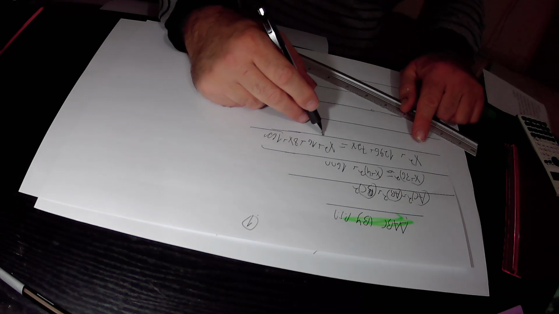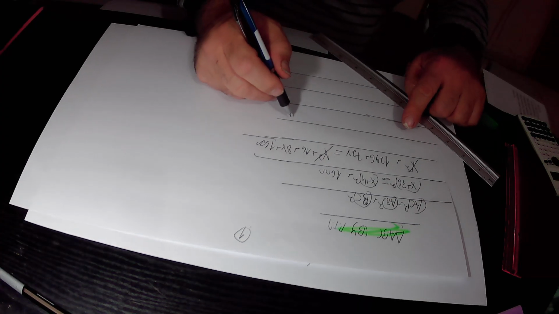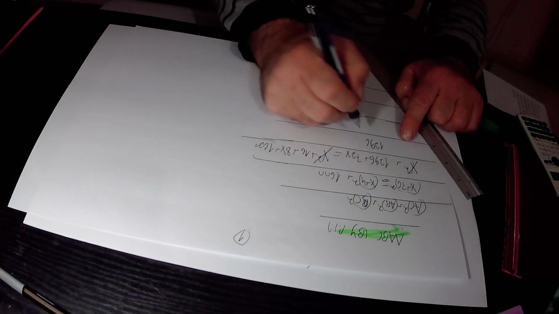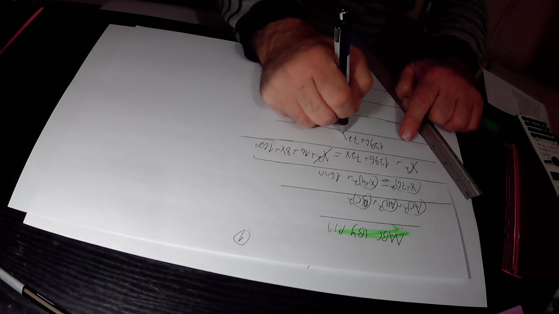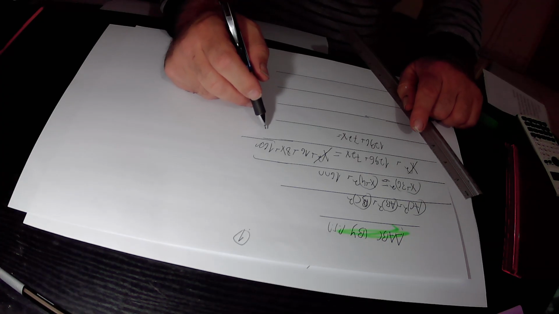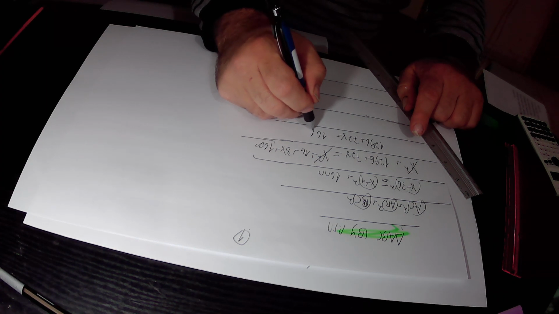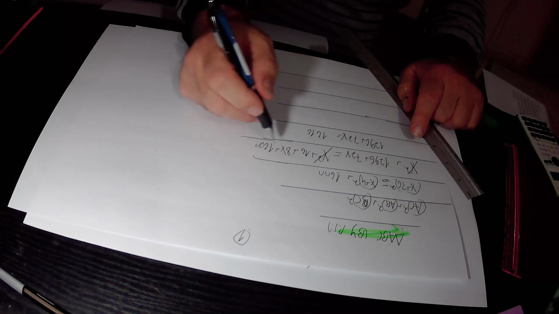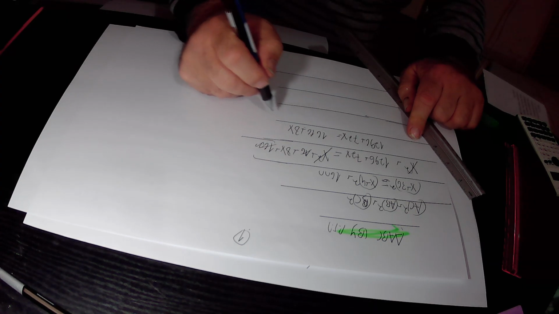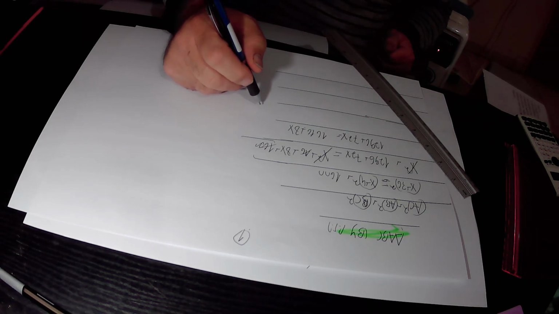Here we have x squared on both sides of this equation, so x squared cancels. After we cancel x squared, on this side of the equation we are left with only 1296 plus 72x, equal to 1600 plus 16, which is 1616, plus 8x.